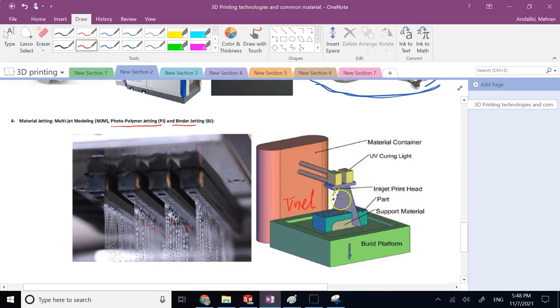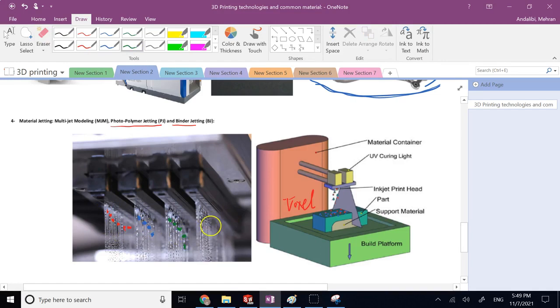And the good thing about this printing is that these droplets that come down, or the powder that they try to bind together, you could go with several different colors, so each one of them can drop a different color. For example, you can have red resin coming out of this one, blue resin coming out of this one, and maybe green resin coming out of this one.